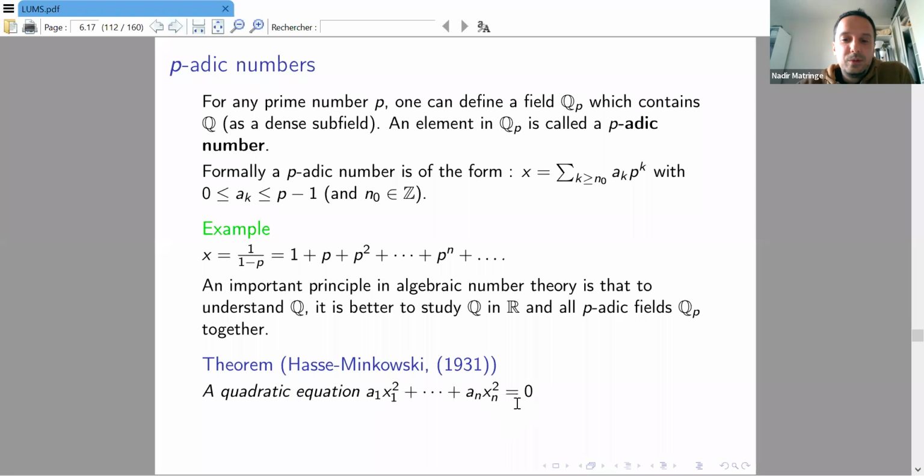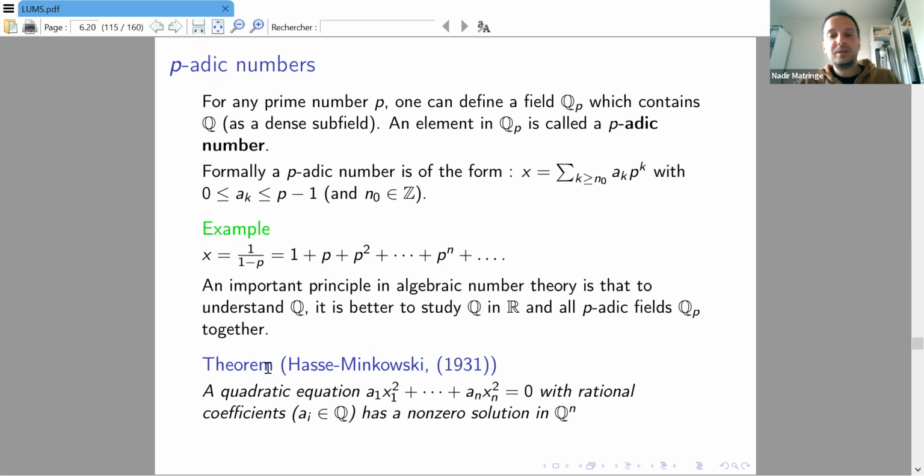Obviously this equation has a trivial solution, which is all x_i equal to 0. And so you're interested in the non-zero solutions. So first of all, you want the a_i to be rational numbers, the a_i are in Q. And you're looking for non-zero solutions inside Q^n.